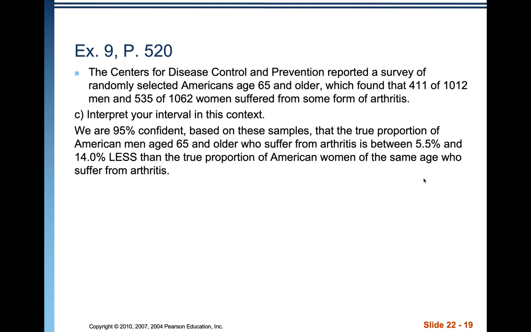We are 95% confident, based on these samples, because we do have 2 of them, that the true proportion of American men age 65 and older who suffer from arthritis is between 5.5% and 14.0% less than the true proportion of American women of the same age who suffer from arthritis.